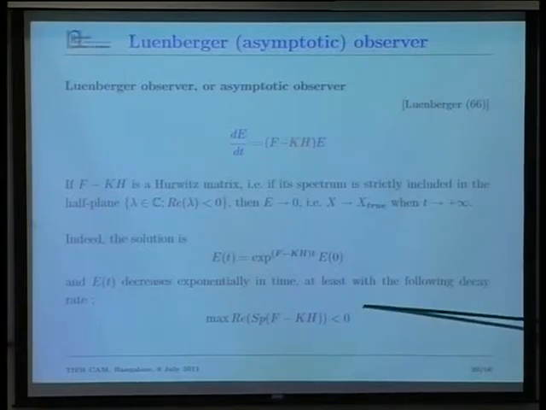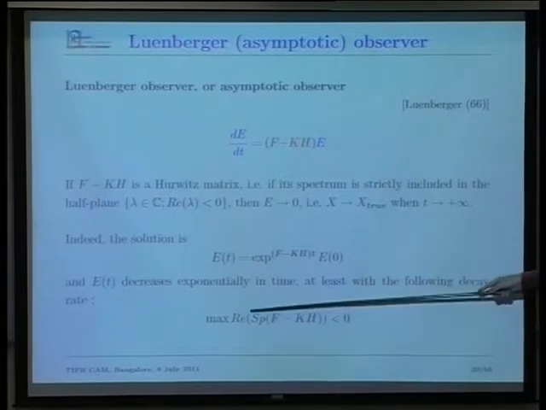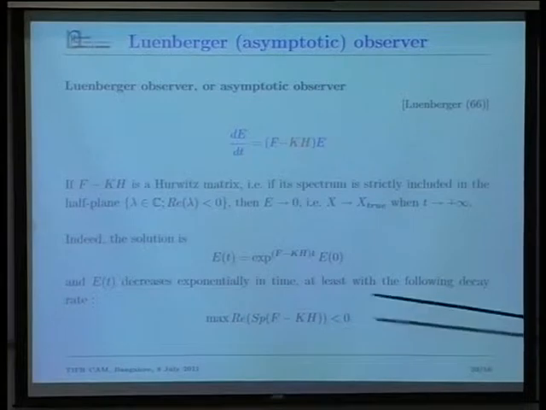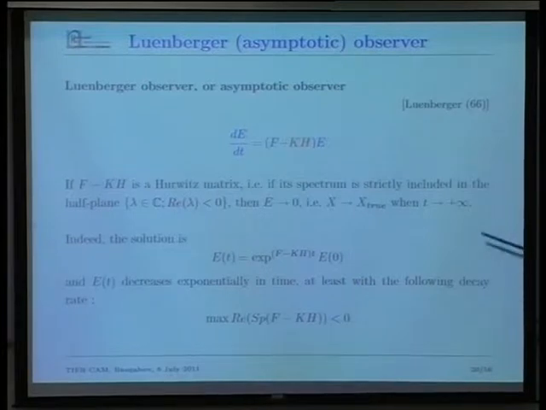And the decay rate is something like the largest eigenvalue of this matrix, which is strictly negative. So the point is that it's asymptotic in time. So if you work with a fixed time window, then the decrease may not be very important.